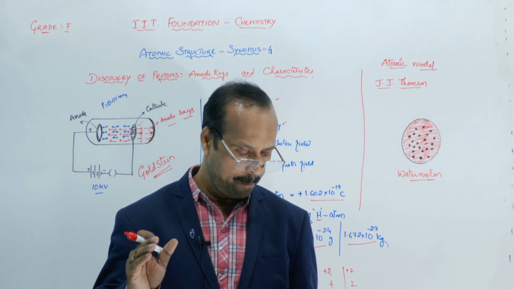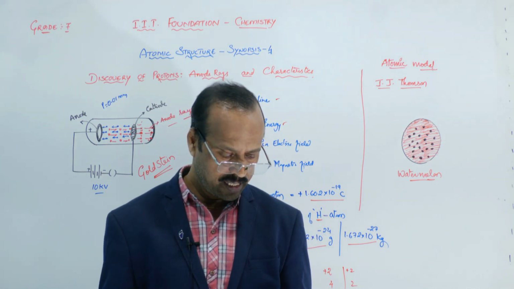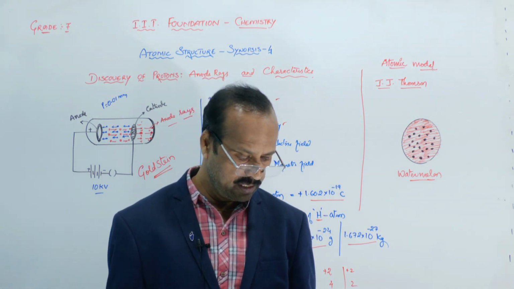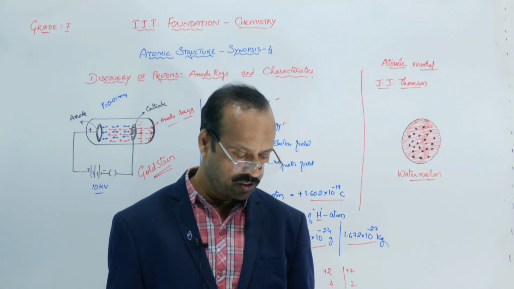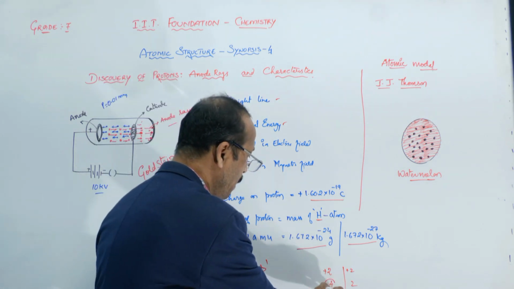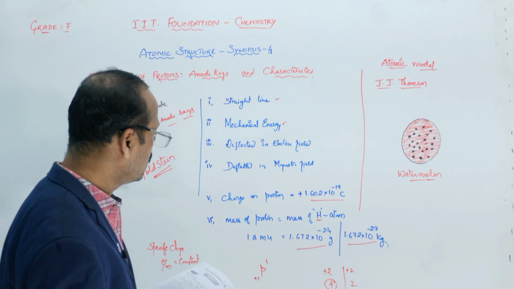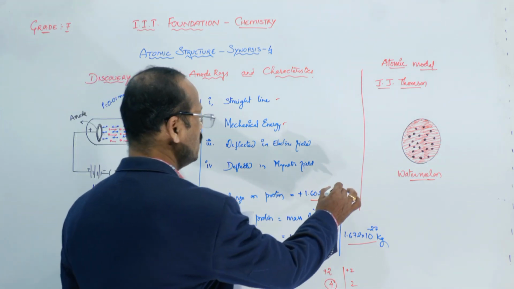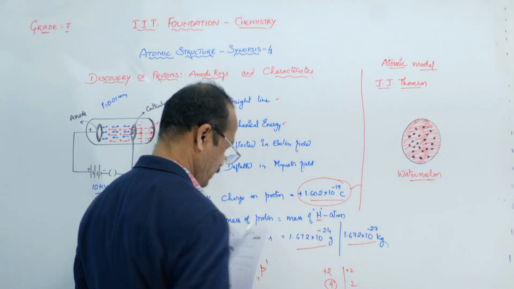Here, in the first option, electron is least, then proton, then neutron, then alpha particle. The charge to mass ratio of alpha particle is approximately twice that of proton because its mass is 4. And the charge of the proton is 1.602 into 10 to the power of minus 19 coulombs.